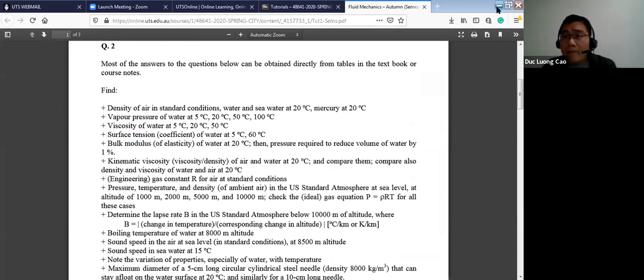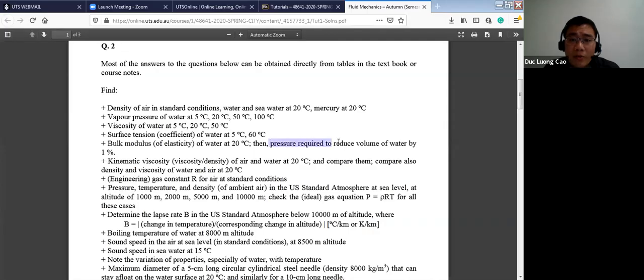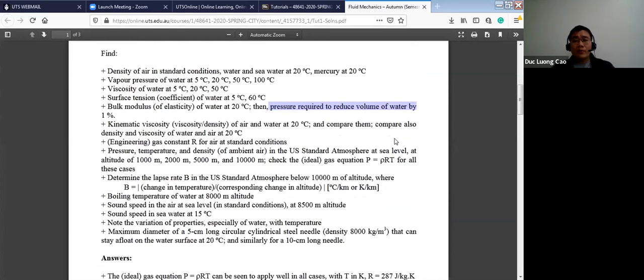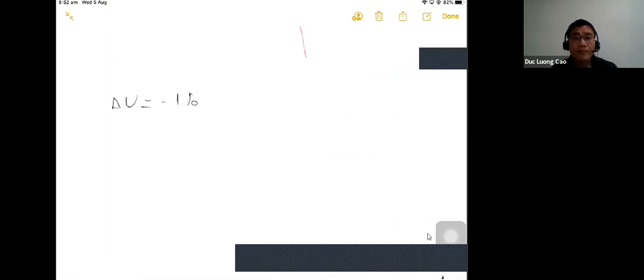The volume reduces 1%, it means delta V, the volume change, equals minus 1%. You have to find the pressure.